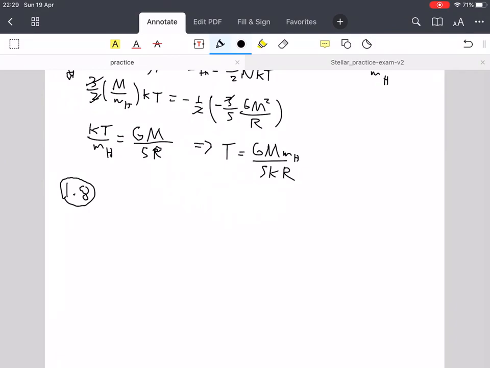I ask this because, as you'll remember from the problem classes, I'm very keen on you showing all of the units and actually doing a dimensional or unit analysis showing how you end up with the desired unit, which in this case is a temperature, so you should get kelvins. So not only is it important to plug in the numbers, but also the units.